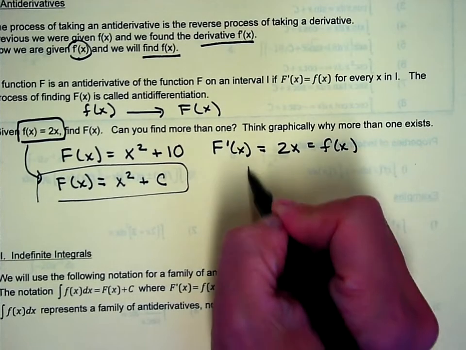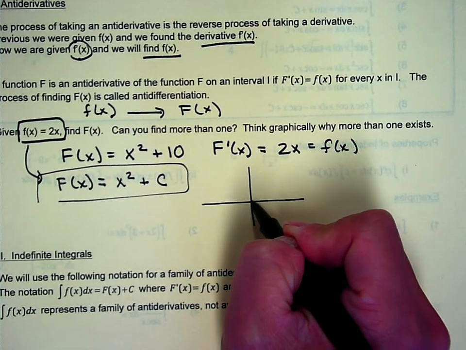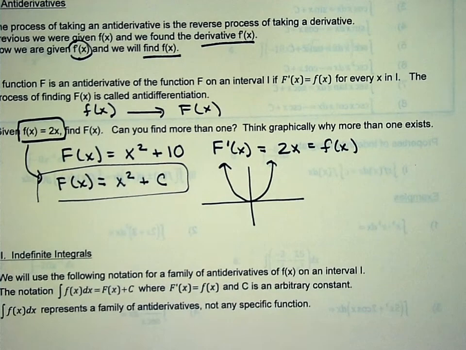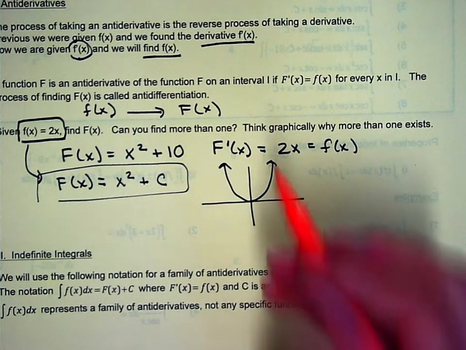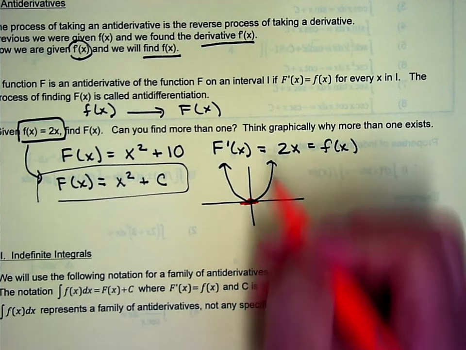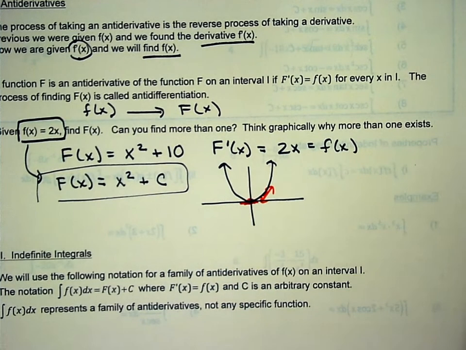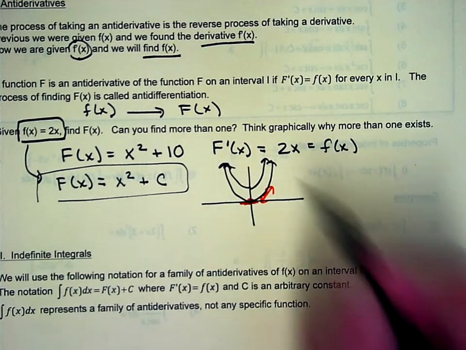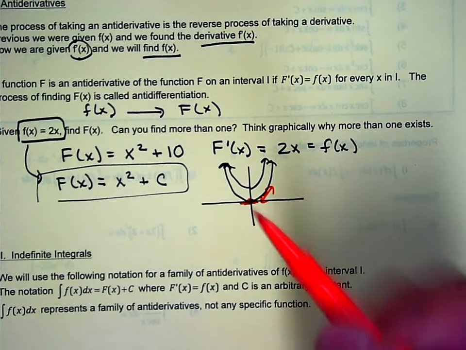Graphically, the reason why it makes sense is, here's x squared. When I ask you to take the derivative of this function, we're talking about the slope. The slope here is 0, the slope here is something positive, etc. But I could do any vertical shift of this graph, so let's say that's x squared plus 1.